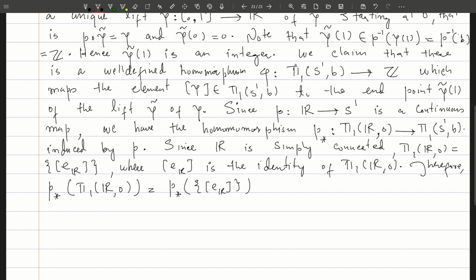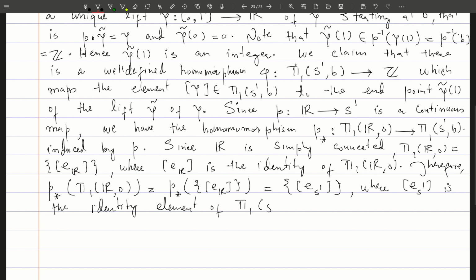Since P star preserves the identity element, it will map this identity element to the identity element of pi 1 of S1 at B, denoted by e_S1, where this e_S1 is the identity element of pi 1 of S1 at B.